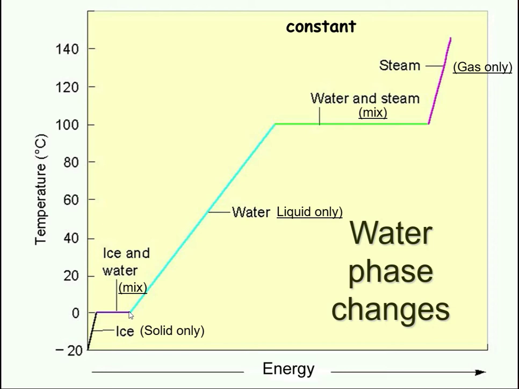But as soon as the last energy that goes into that container from the outside stops going towards melting the ice, then immediately all the energy going in is going to go towards increasing the temperature of your water until you get to the point where your water is boiling.